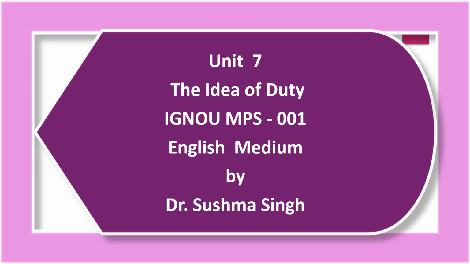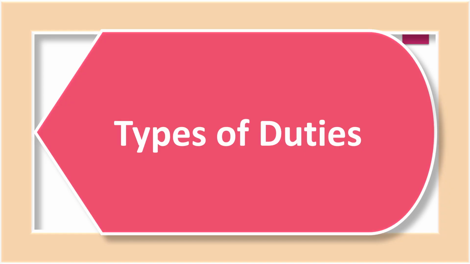Today in Unit 7, the idea of duty, we are going to start our lecture with the topic types of duties. Often a distinction is made between negative duties and positive duties.